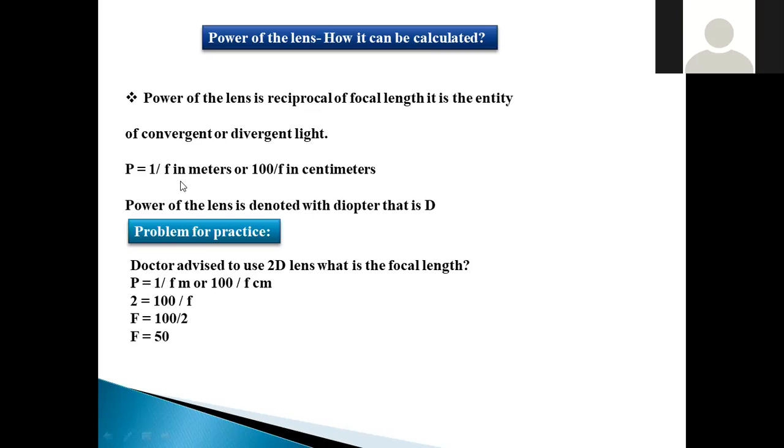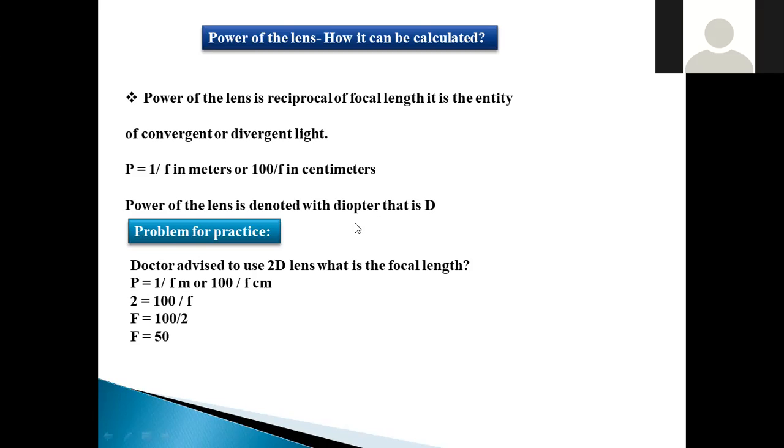Otherwise, P is equal to 100 by F when F is measured in centimeters. The power of the lens is denoted with the term D. D denotes diopter. By using this, we can choose the selective lens which is suitable for what kind of defect, right?